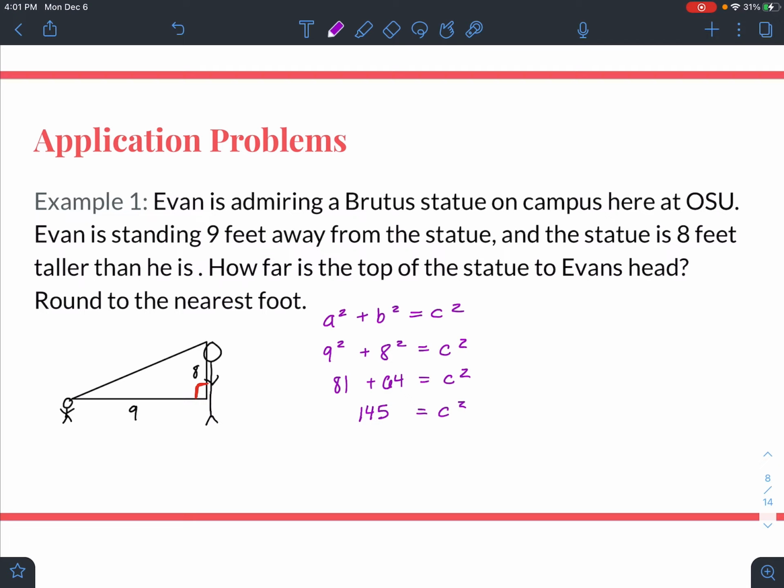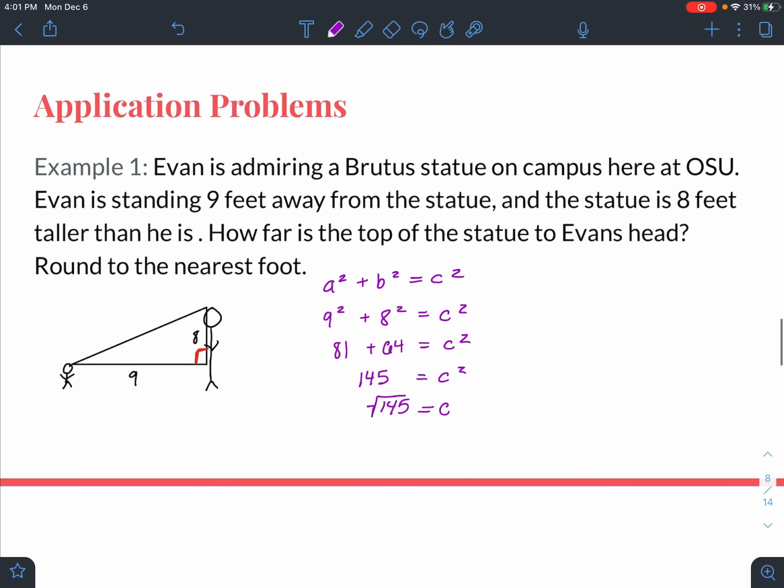And then taking the square root of both sides to solve for c, I get c equals the square root of 145, which is about 12.04. So to the nearest foot, that's 12 feet. And that is our answer. Okay.